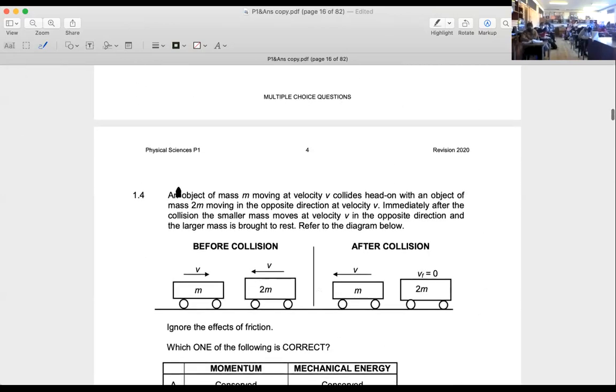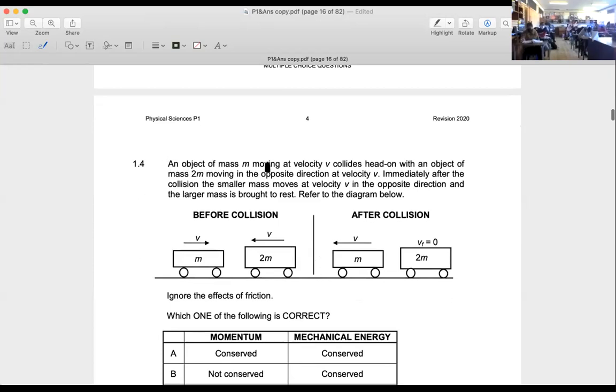Okay, let's look for momentum problems here. An object of mass m moving at a velocity v collides head-on with an object of mass 2m moving in the opposite direction at velocity v. So they're both moving at the same velocity, but this one is twice as big.